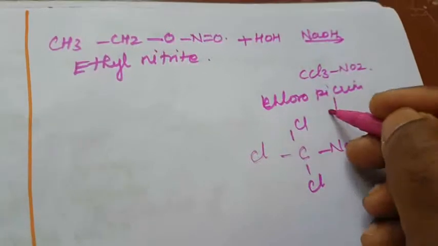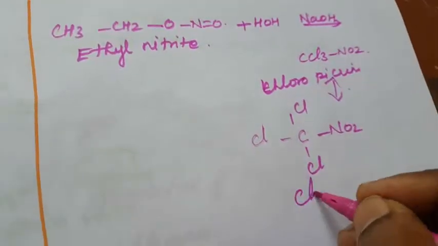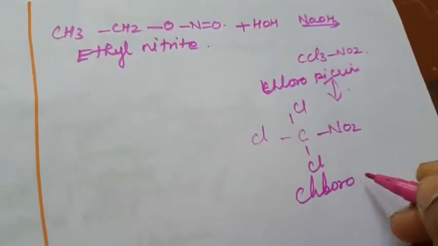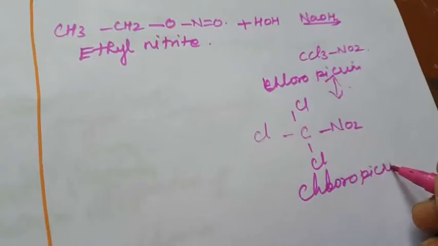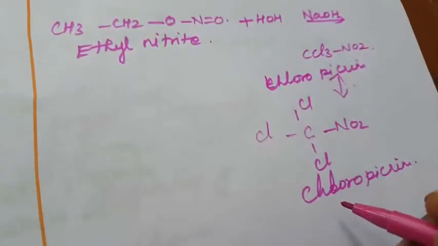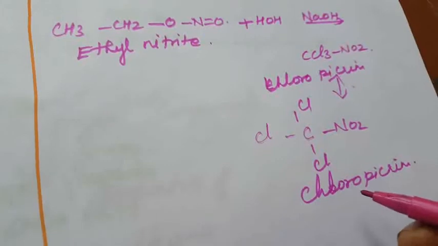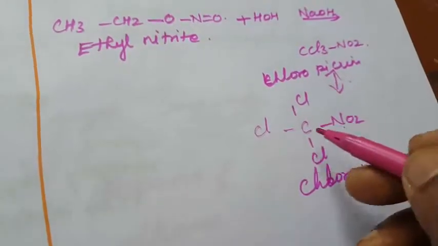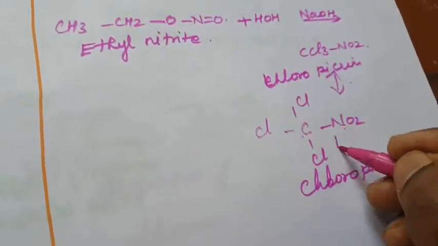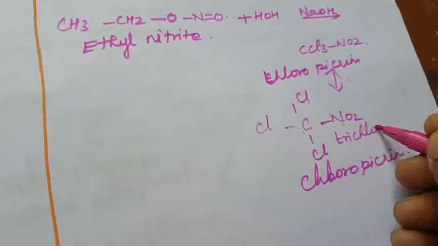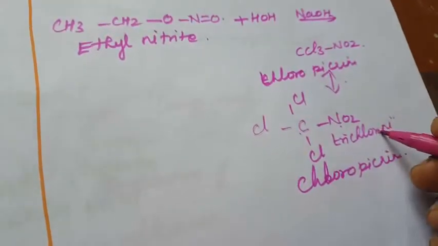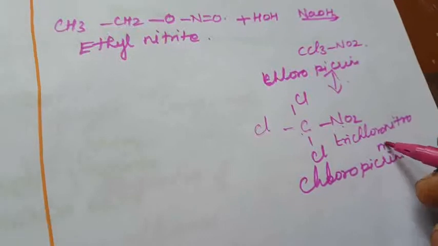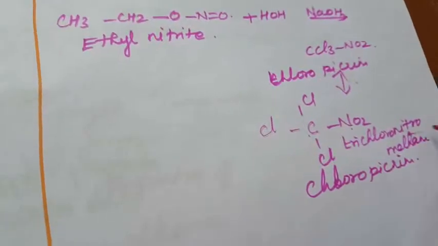This is the compound, right? This is called chloropicrin. How to write this IUPAC name? So trichloronitromethane. 3 chloro, that is trichloro nitromethane. Okay, so this is the another one.